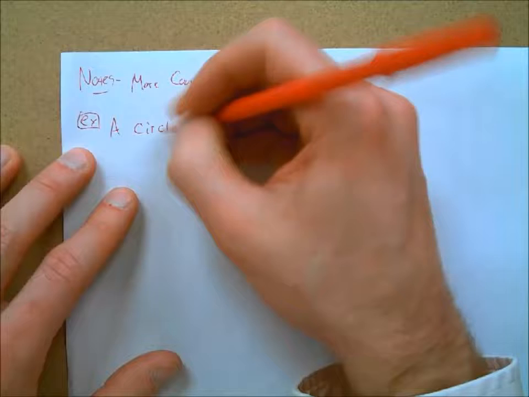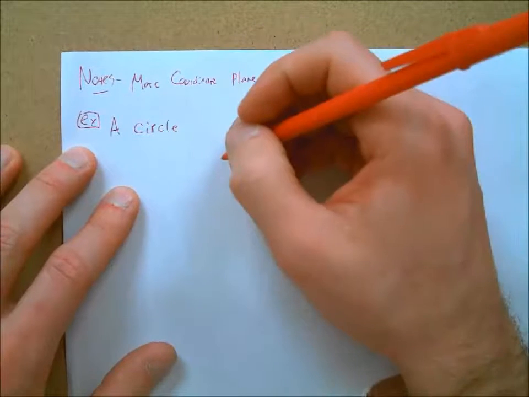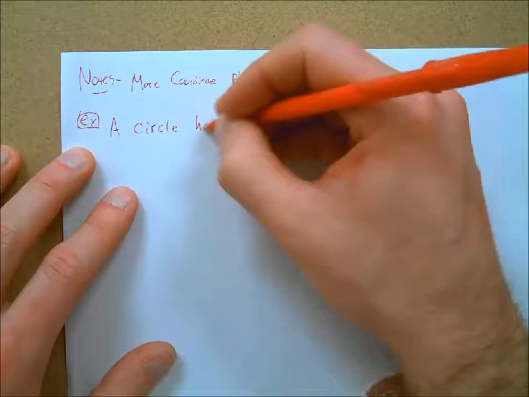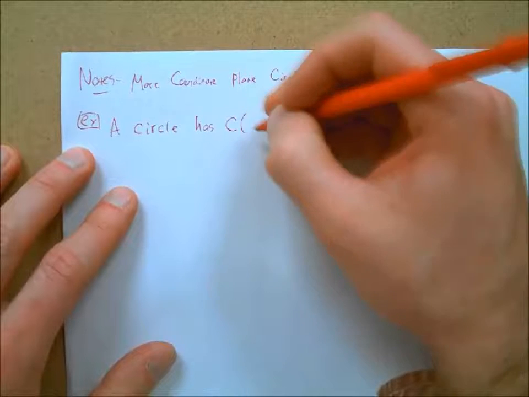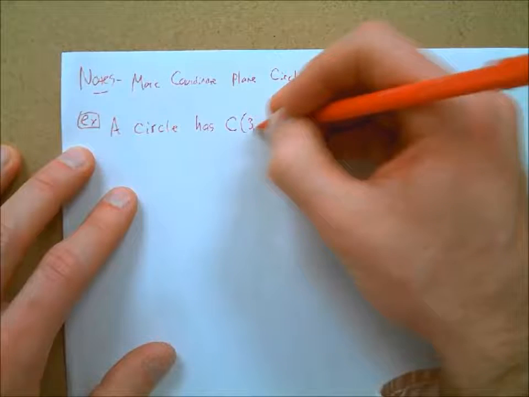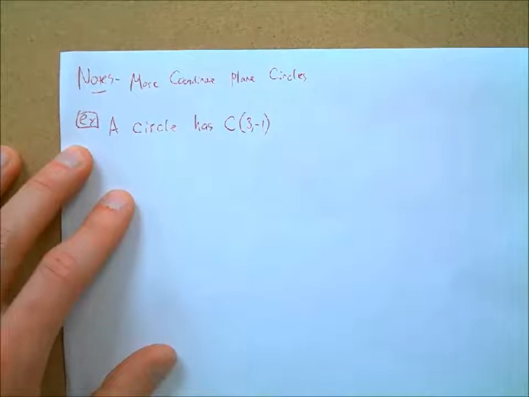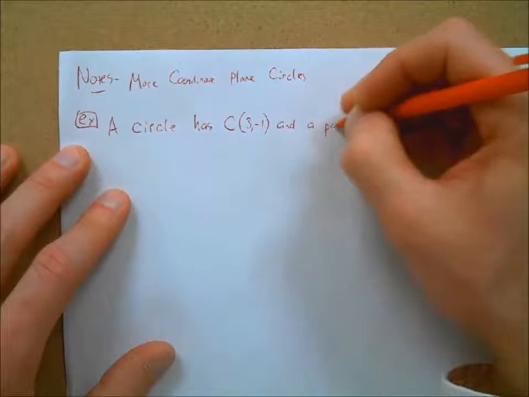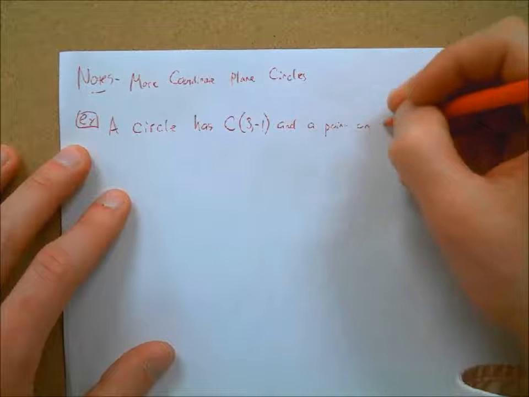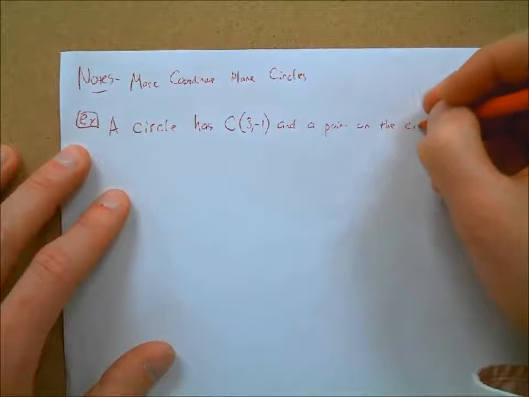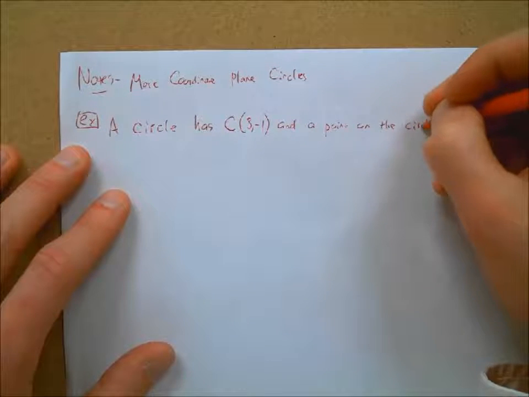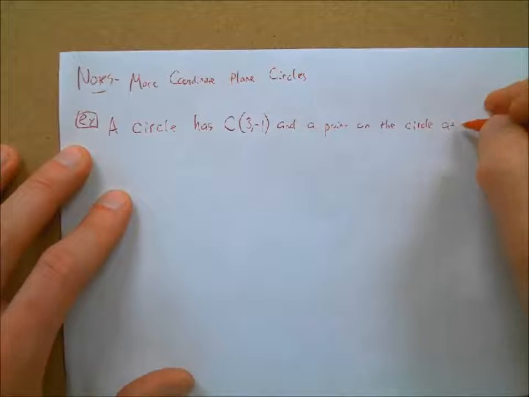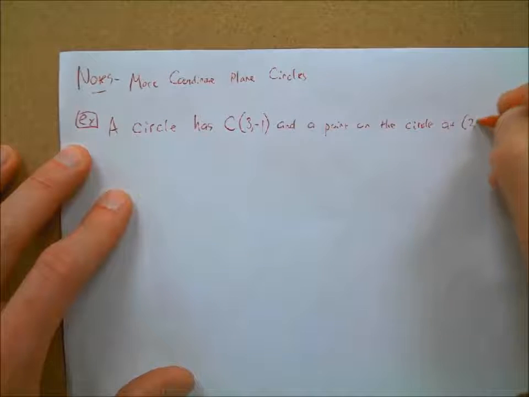Start with this one. A circle has center at (3, -1), and a point on the circle at (2, -2).